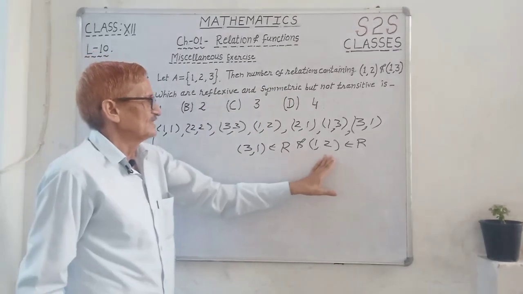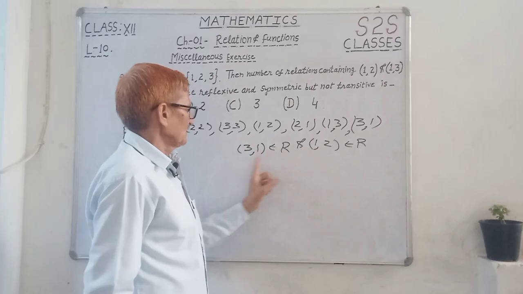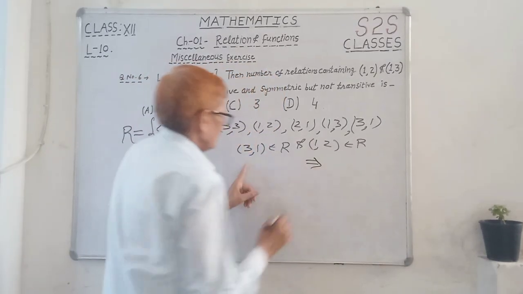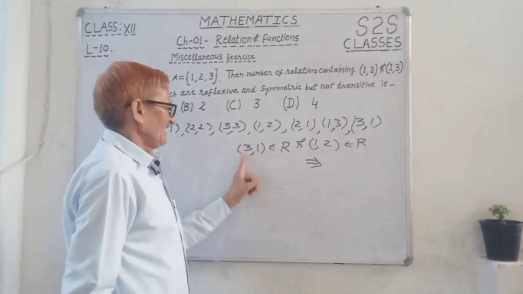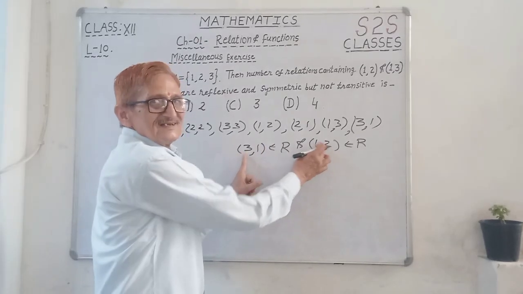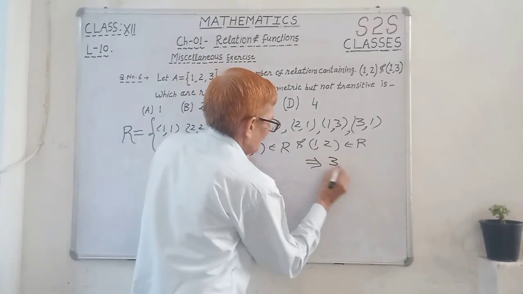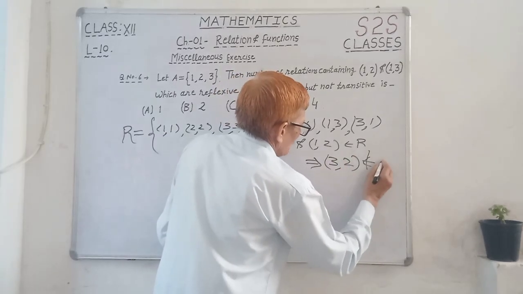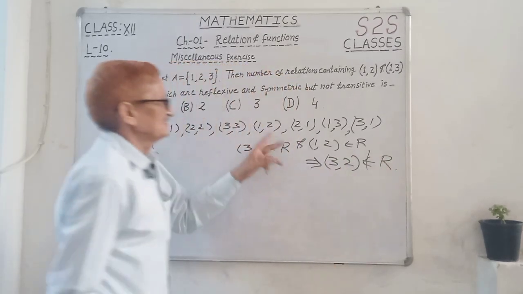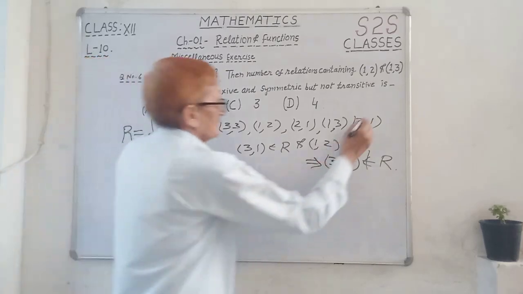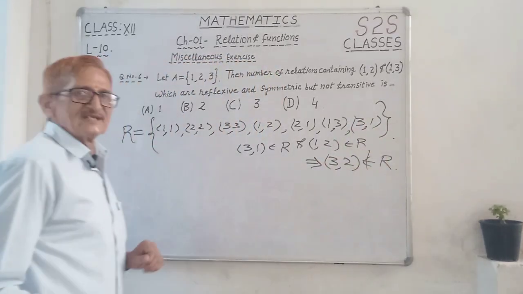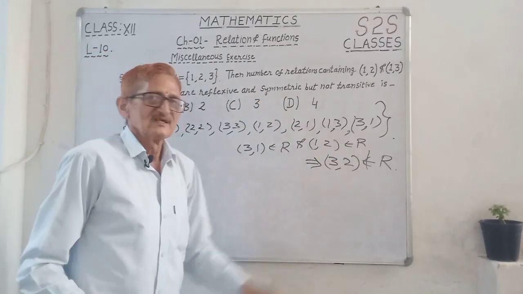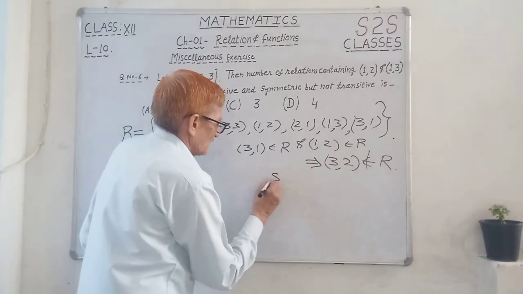So this (3, 1), (1, 2) implies (a, c), meaning (3, 2) does not belong to R. It means this relation is reflexive, it is symmetric but not transitive. So it is not transitive.